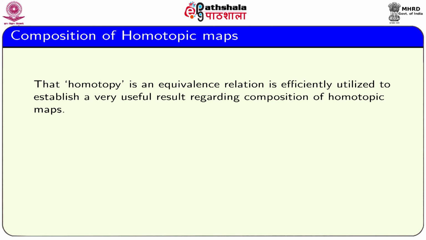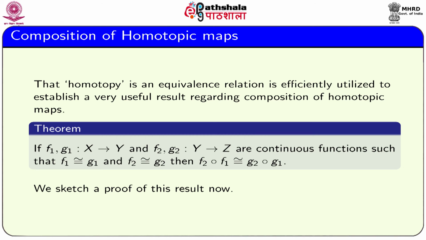So that homotopy is an equivalence relation can be used effectively to establish a very useful result regarding composition of homotopic maps. Suppose we are given two functions f1 and g1 from X to Y, and it is known that f1 and g1 are homotopic.